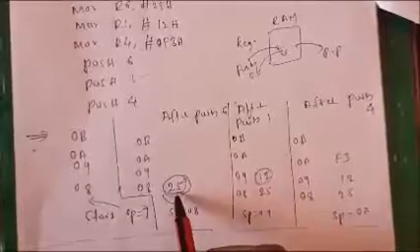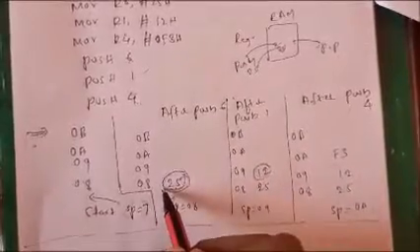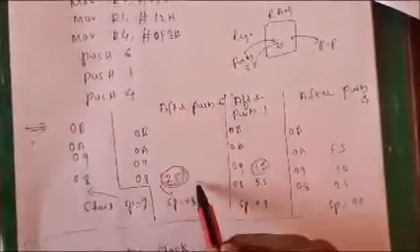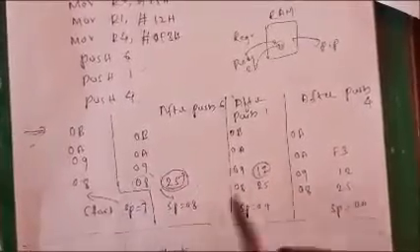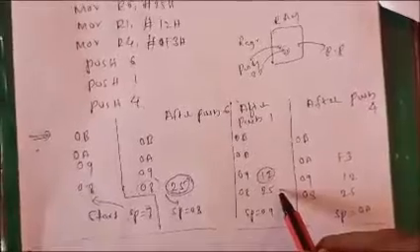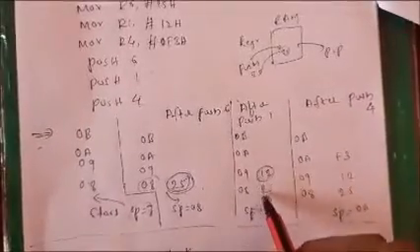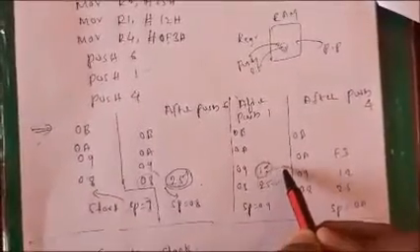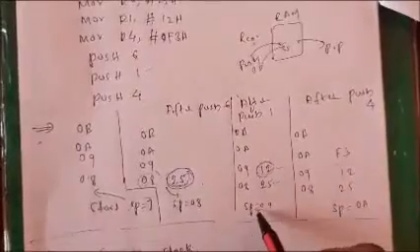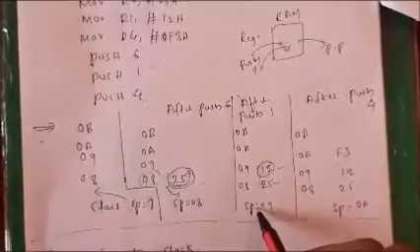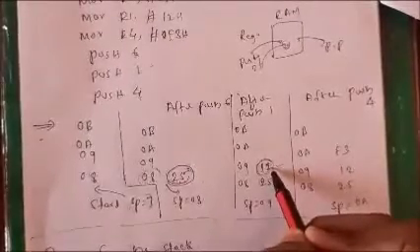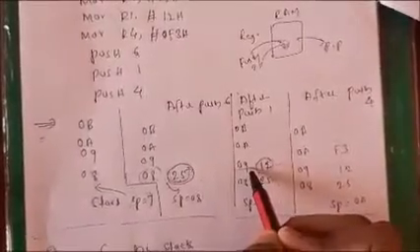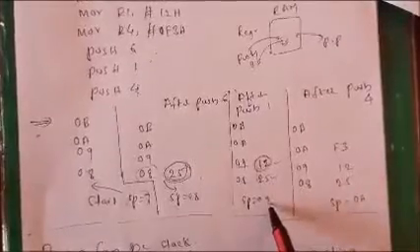Only one content, so that one is the top of the stack. At that time the stack pointer holds the address 08. When you come to the second push, two elements are there. The stack pointer always holds the address of the top content. Which one is the top content here? 12. What is the address? 09. So the stack pointer will show 09.